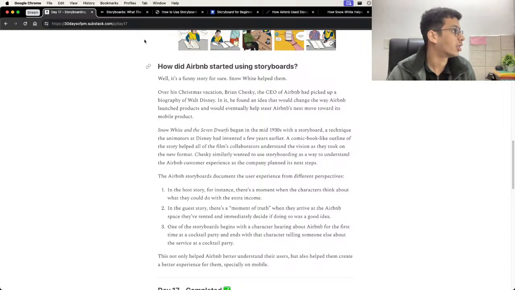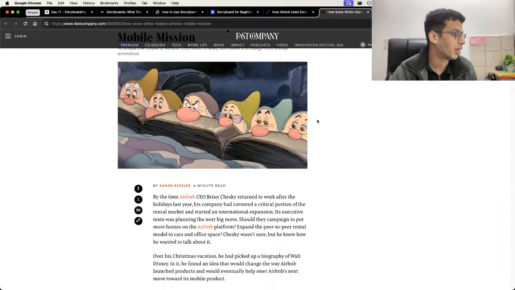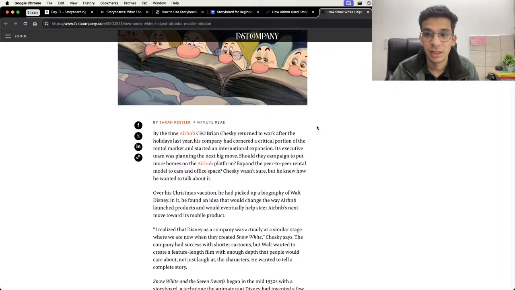The original source is over here with Fast Company, which explains how Brian Chesky used that approach of storyboarding to build frames and screens related to their Android app, and how that led to building the product in a scalable way, and how storyboarding has now even become a process of designing products at Airbnb and scaling that further, right?